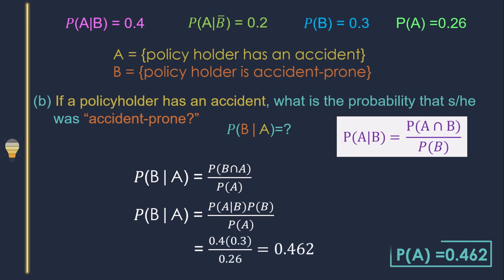Plug them in and get the probability of B given A, which is 0.462.